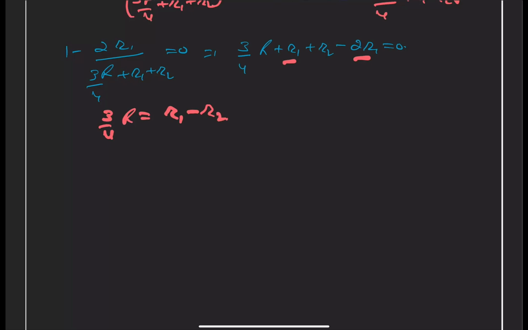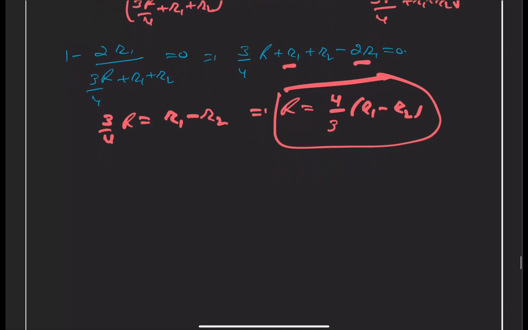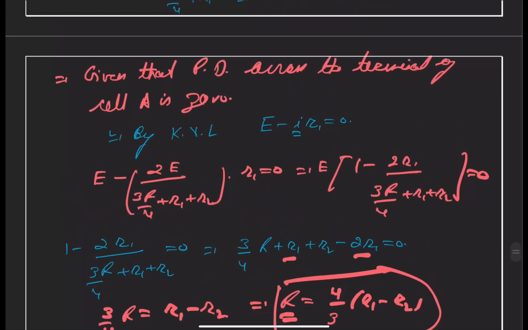From here we can say our R is equal to 4 by 3 times R1 minus R2, which we were supposed to find out. We were to find the value of R such that the potential difference across the terminals of the cell is 0. So we found the value of R.